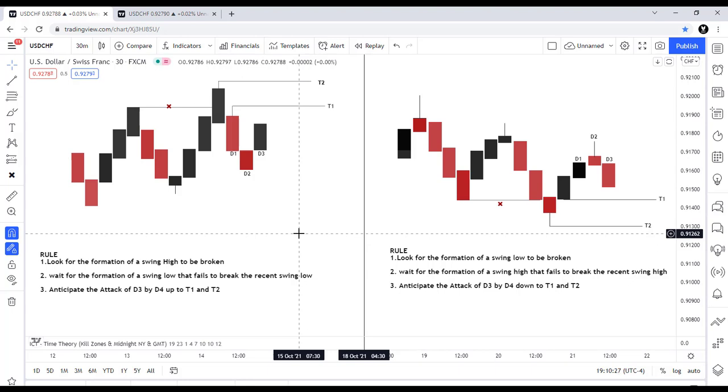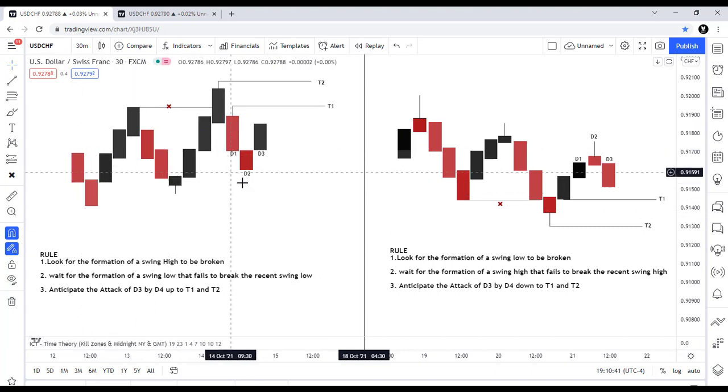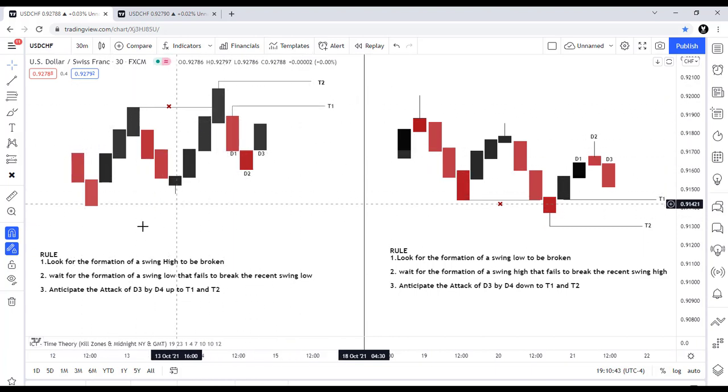So basically we've got two diagrams here, or two representations that I've put out on the screen, and let's get into it. Right now you can see that I have what looks like a market or price movement.